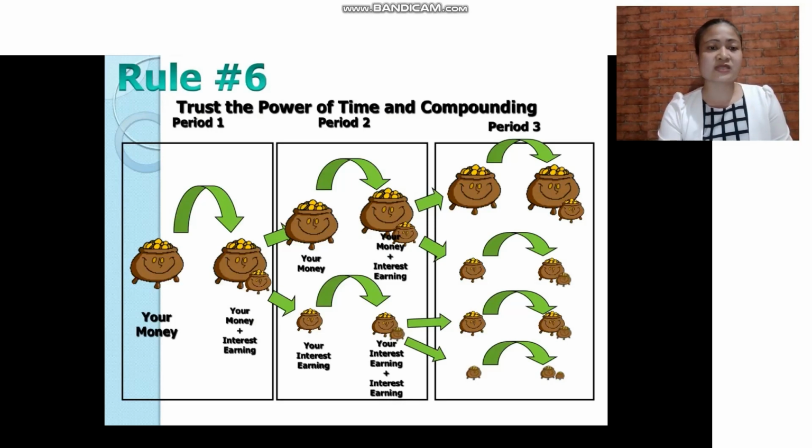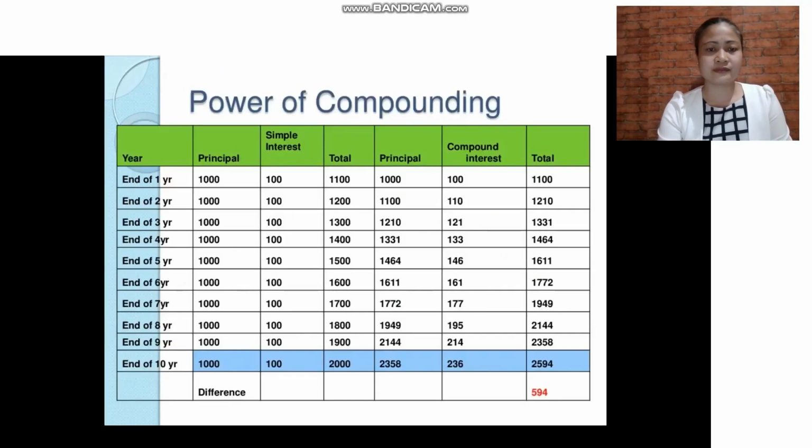Rule number 6, trust the power of time and compounding. For period 1, period 2, period 3, for example, your money will double because of interest earning, then it will be tripled and so on. So this is the power of compounding, and here is an illustration or table.